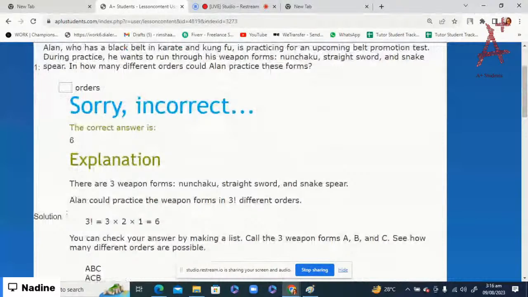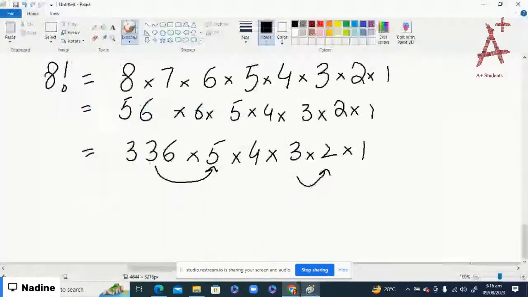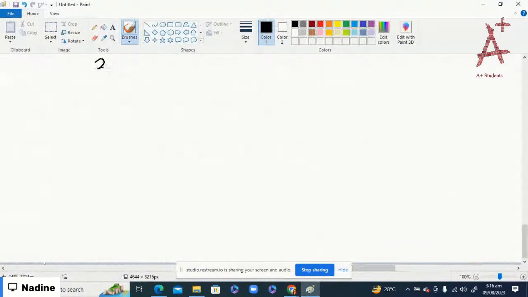First of all, we're going to check the number of weapons. Count it: one, two, three. One is nunchaku, then straight sword and snake spear. It's three. Now let's find out 3 factorial.